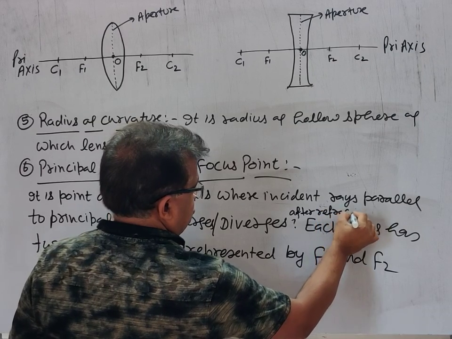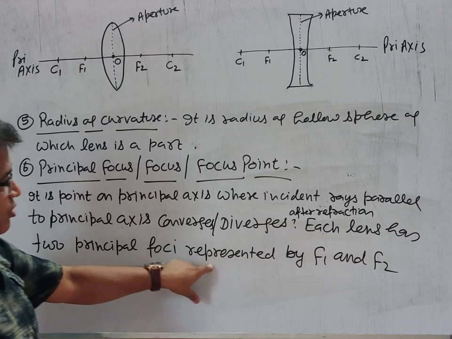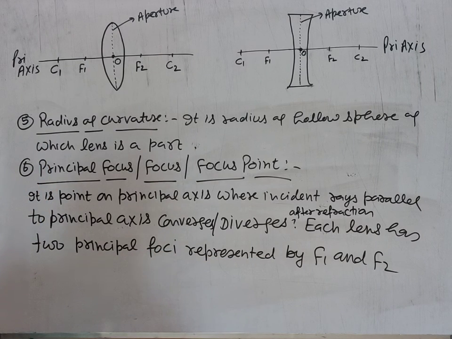Each lens has two principal foci which are represented by f1 and f2.